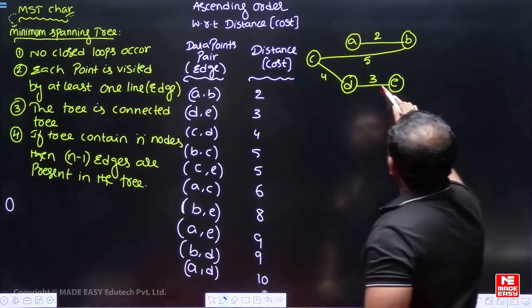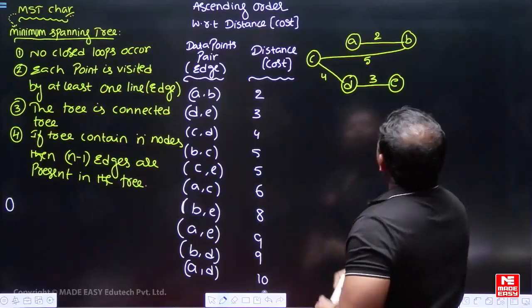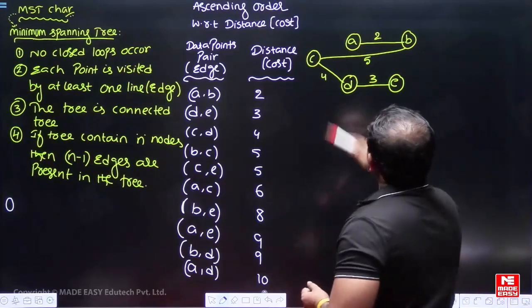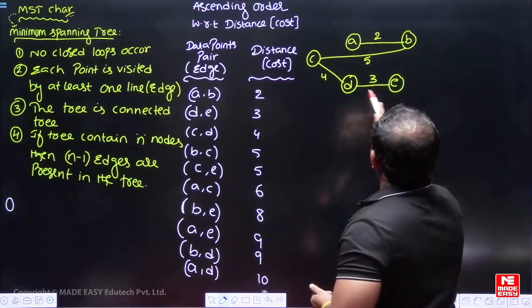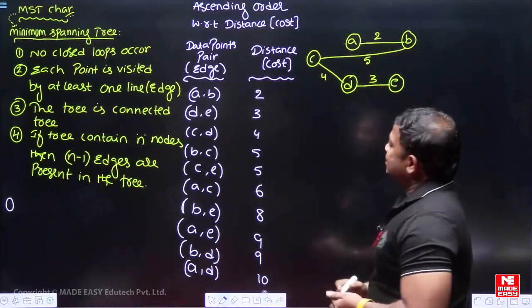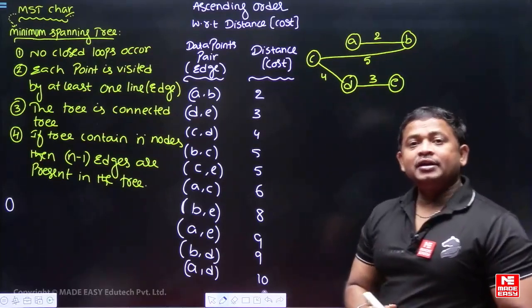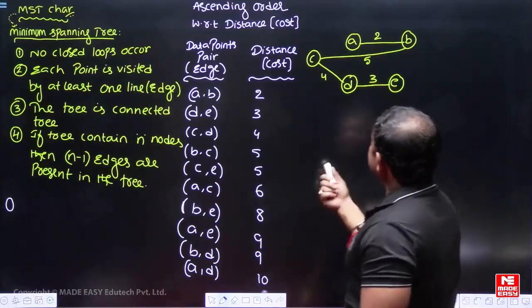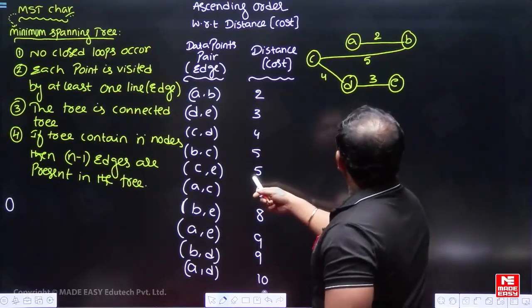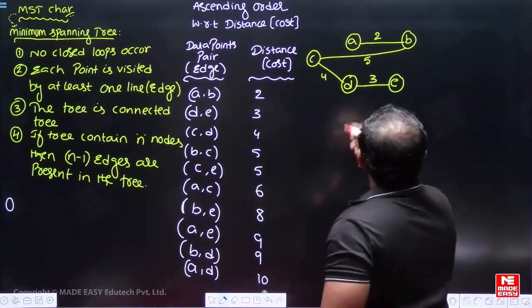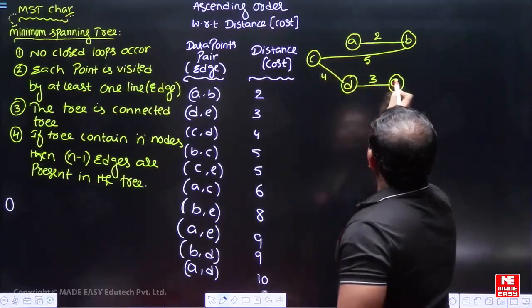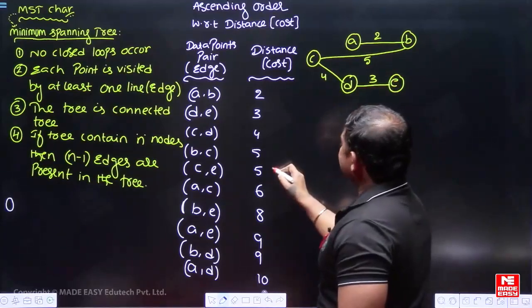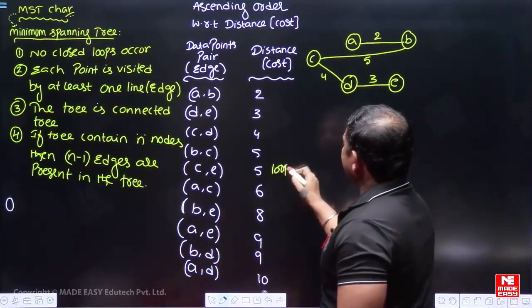Then see this, 1, 2, 3, 4. 4 edges are already present. So remaining, what? 5 nodes, 4 edges. That's it. And the remaining edges would form loops. You just see this. CE: if I connect C and E, it looks like a cycle. So don't connect. Loop formed.